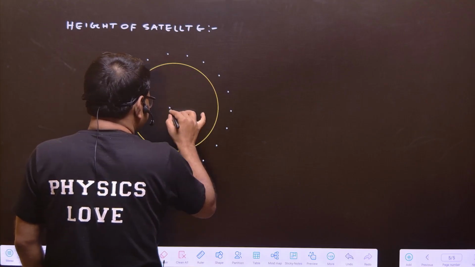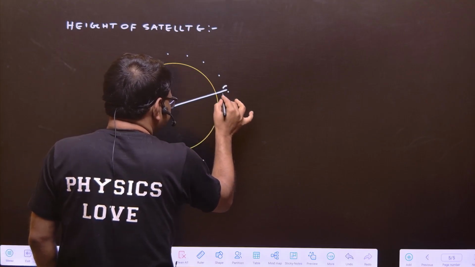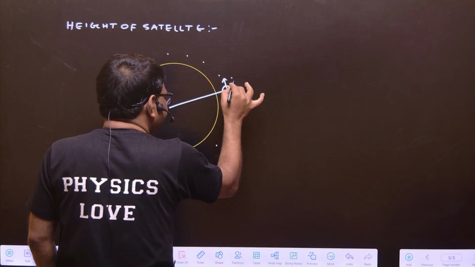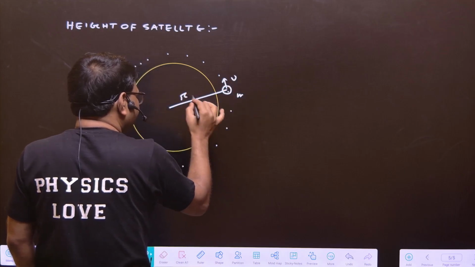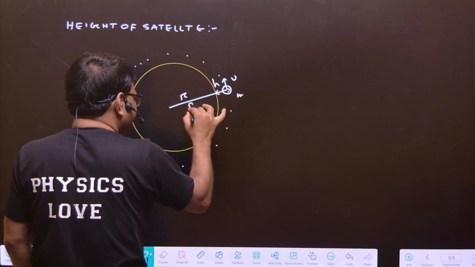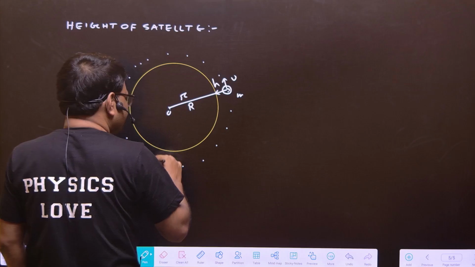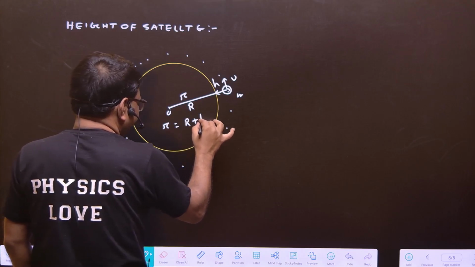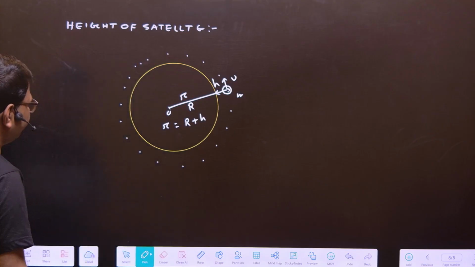This is the center. Here the satellite is, mass m. Velocity direction like this. Small r, height from the surface of the Earth h, capital R radius of the Earth. O. r is equal to R plus h. Am I clear?